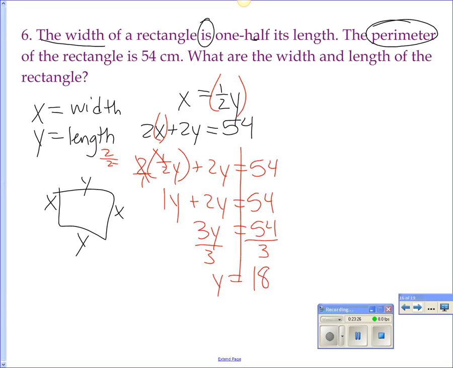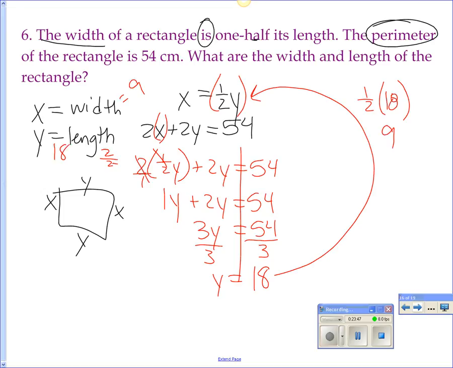So y is 18, and when you plug it in, Elijah, what am I going to do there? Good. What's half of 18? 9. So that one is a 9 by 18 rectangle. A 9 by 18. Okay.